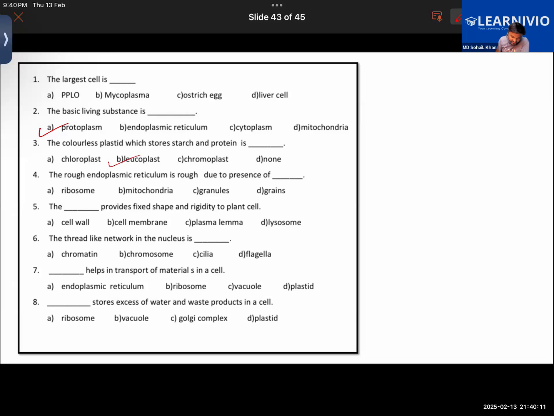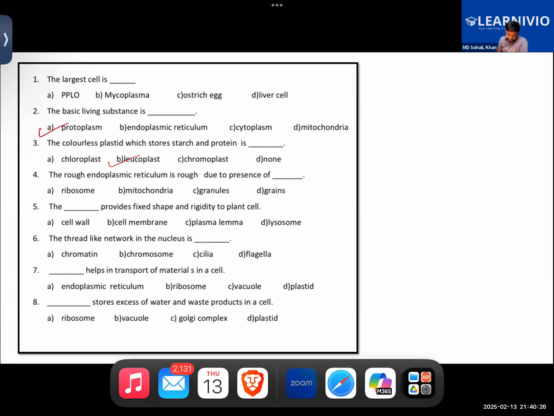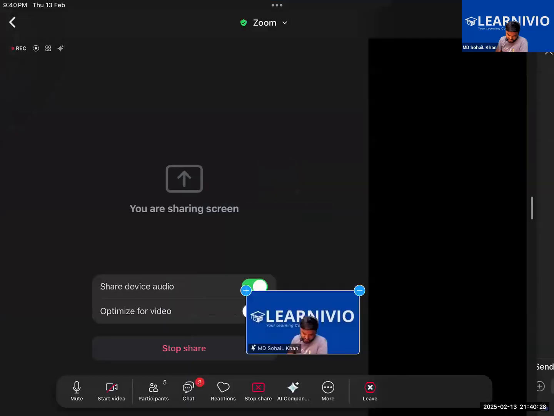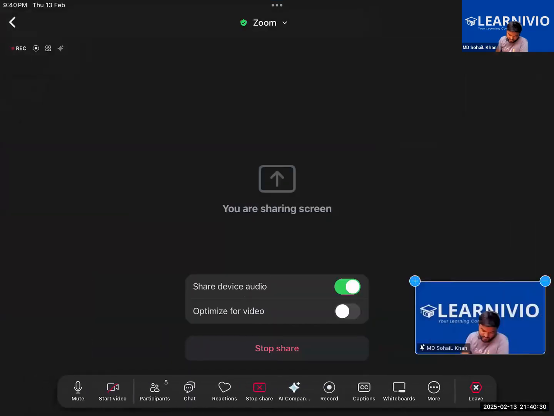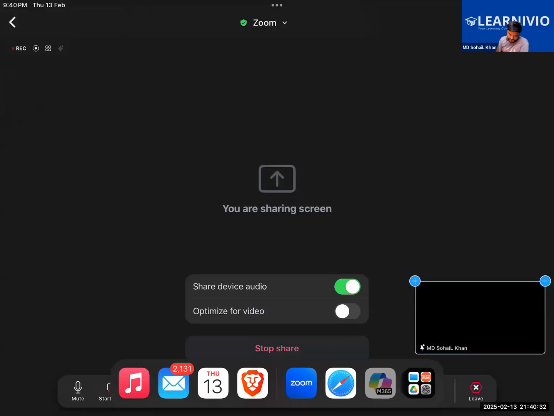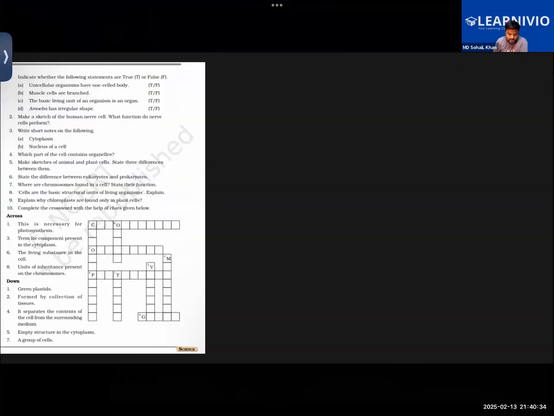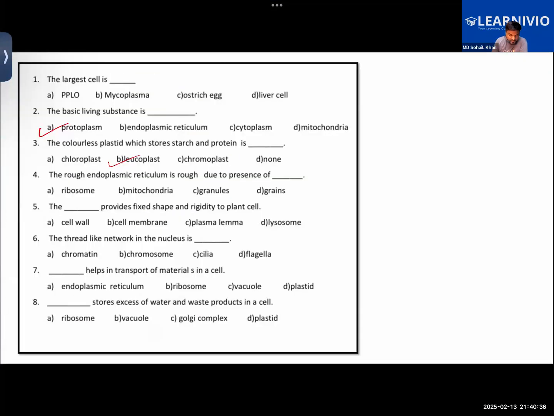Next question: the rough endoplasmic reticulum is rough due to the presence of. Why haven't you answered any question yet? Are you answering on the other ID? Yes.